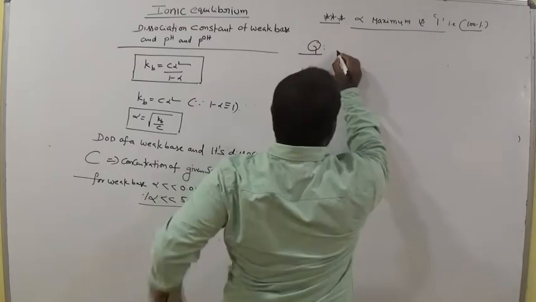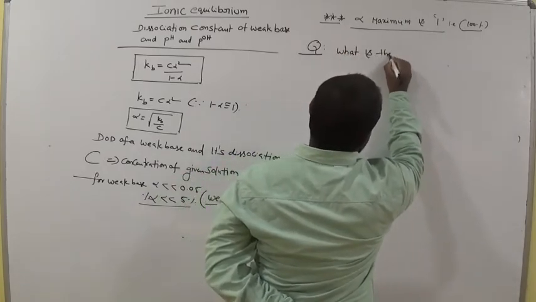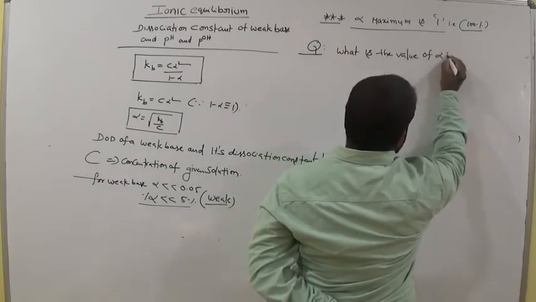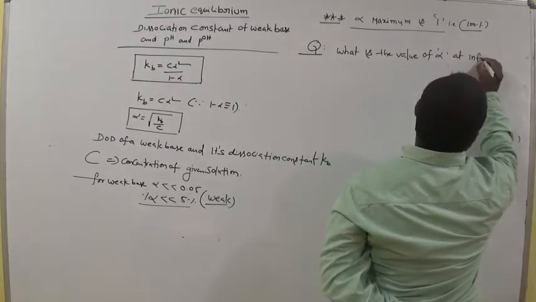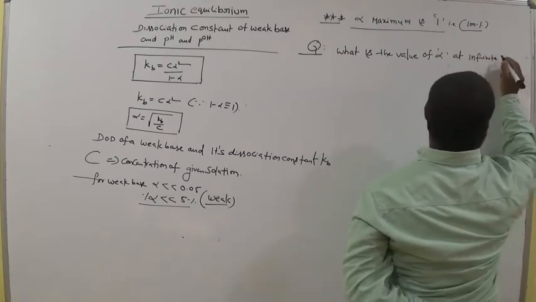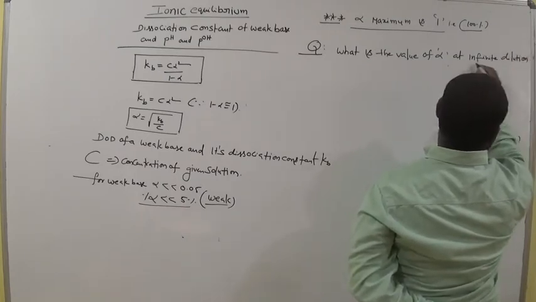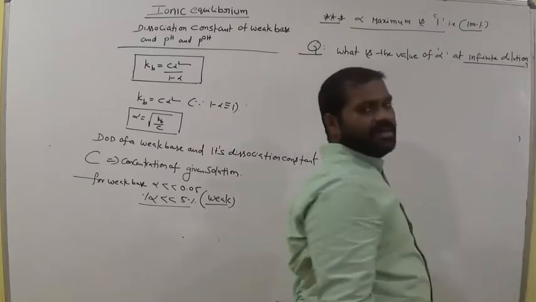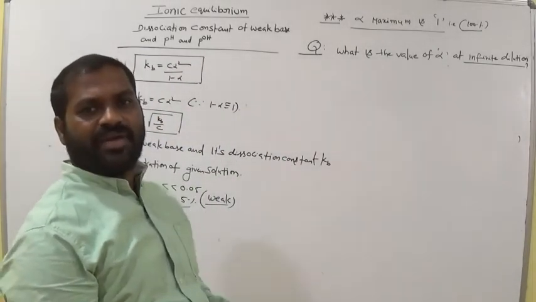What is the value of alpha at infinite dilution? If more quantity of water is added, then what is the alpha value?